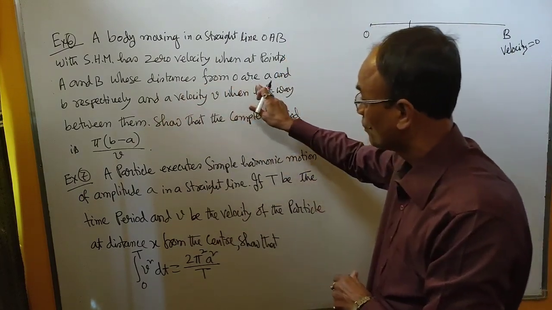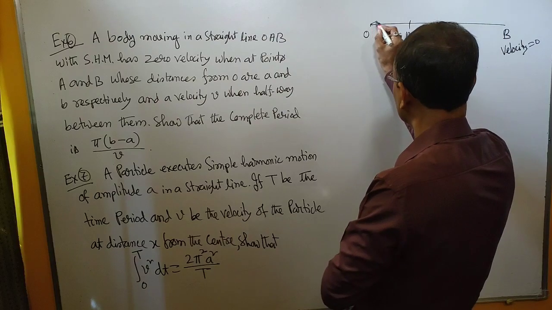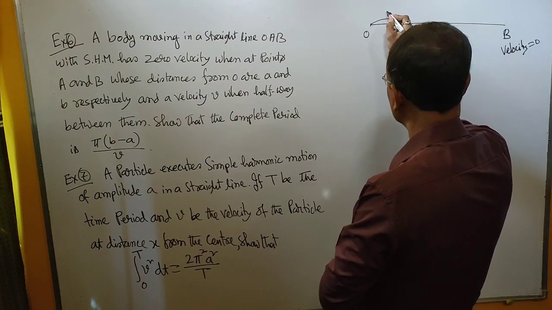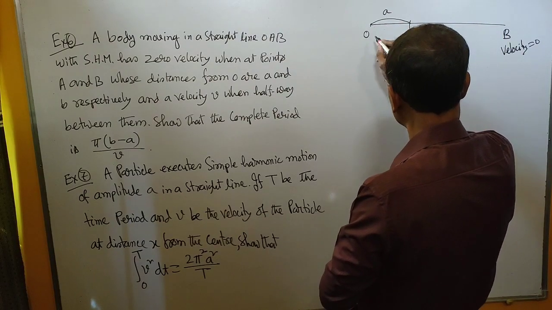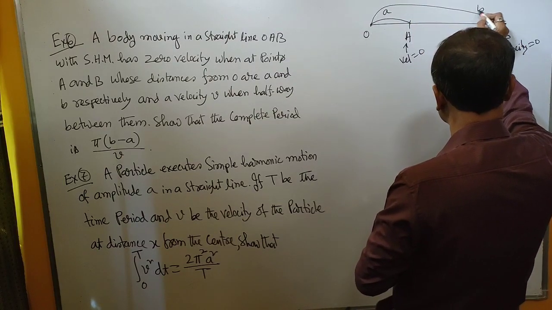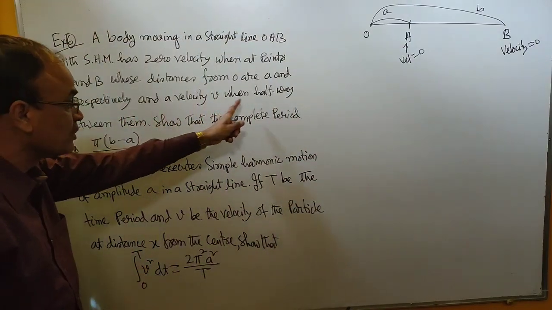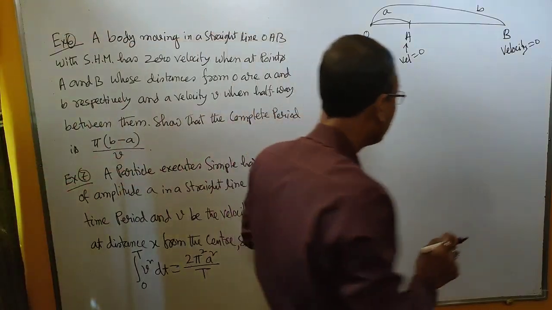Whose distances from O are a and b respectively. This is distance a from O to A, and from O to B, this distance is b. And a velocity V when halfway between them.